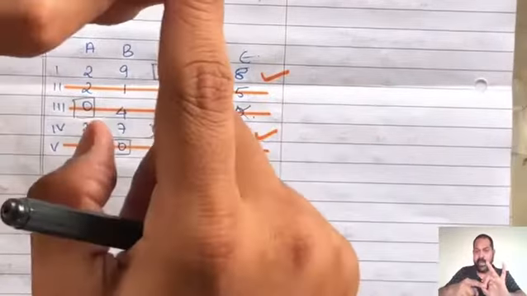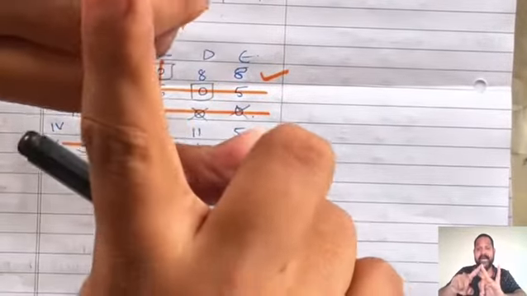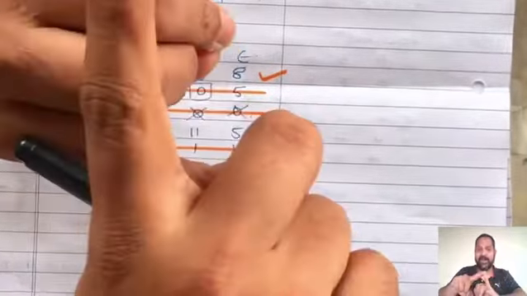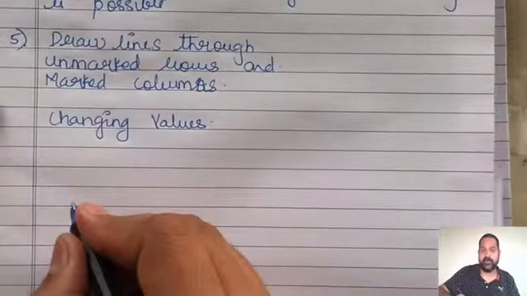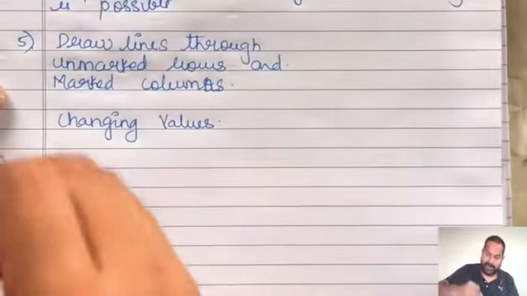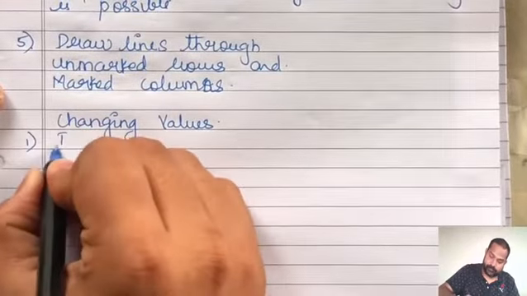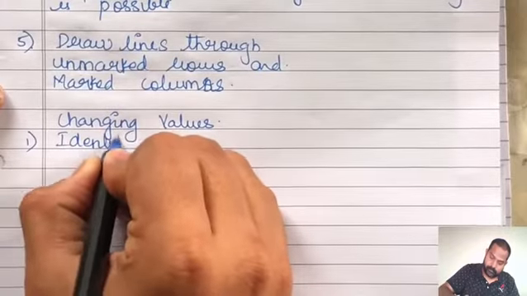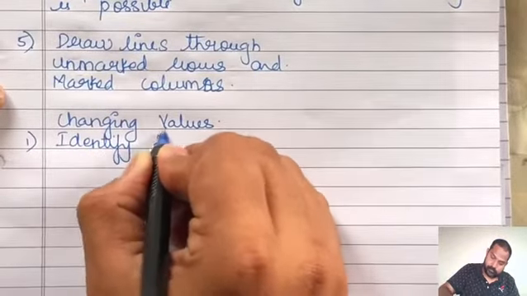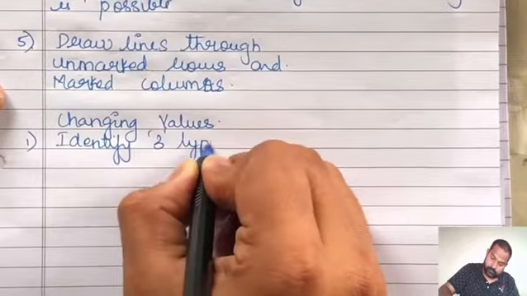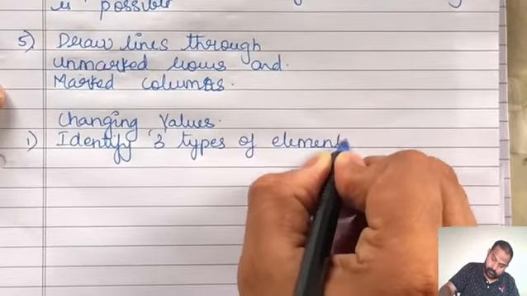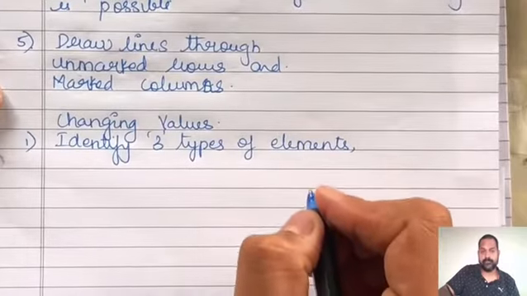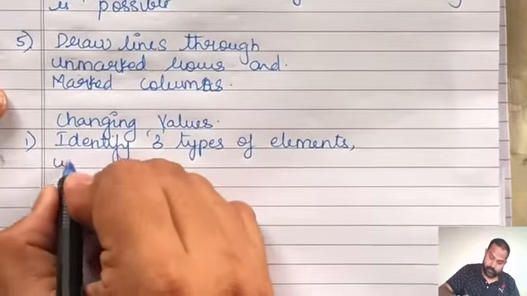Elements that have 0 lines on them or no lines on them, elements that have 1 line on them, and elements that have 2 lines on them. Identify that first. Identify your 3 elements. What are the 3?